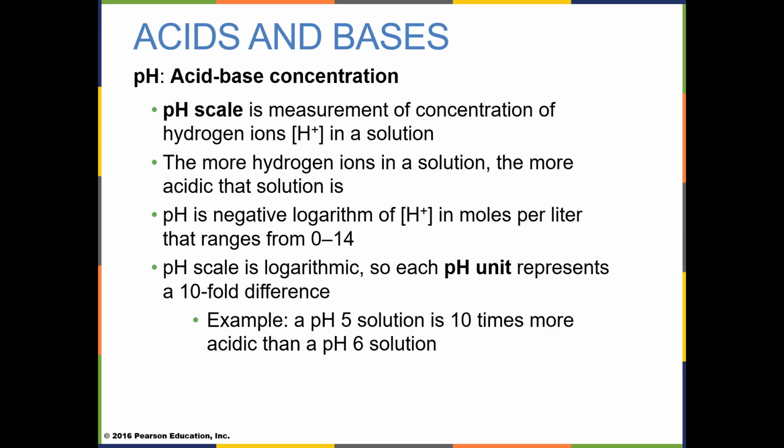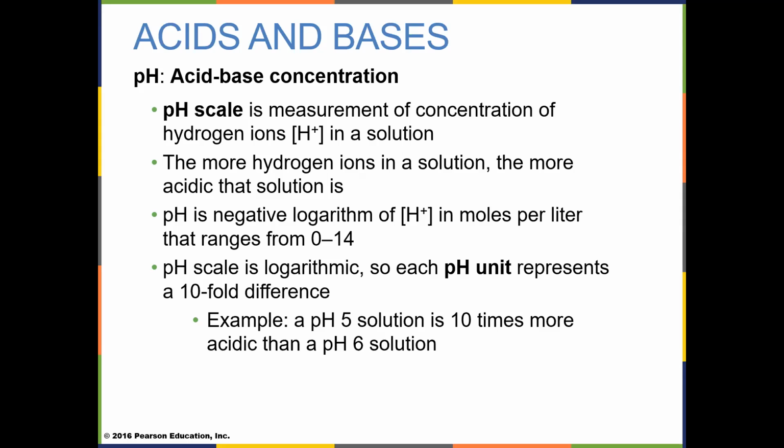It is a logarithmic scale, meaning every time it goes up or down 1 on the scale, it increases in intensity. pH of 7 is neutral.